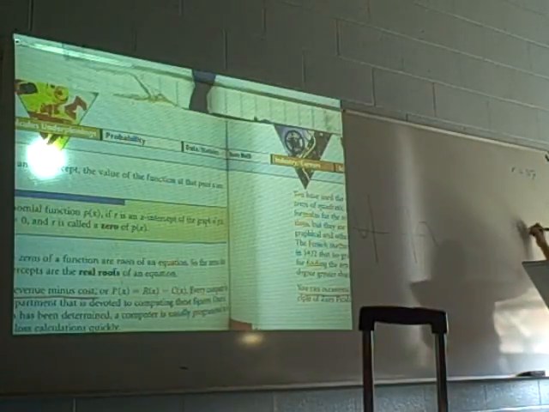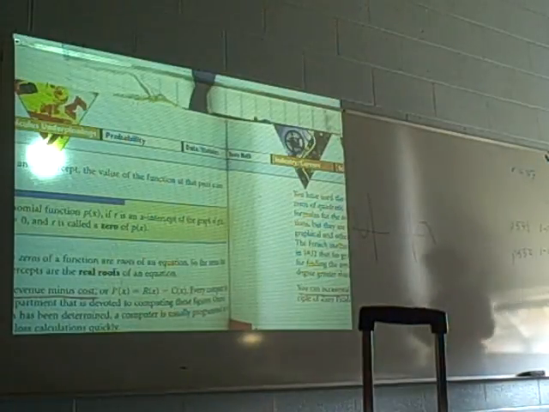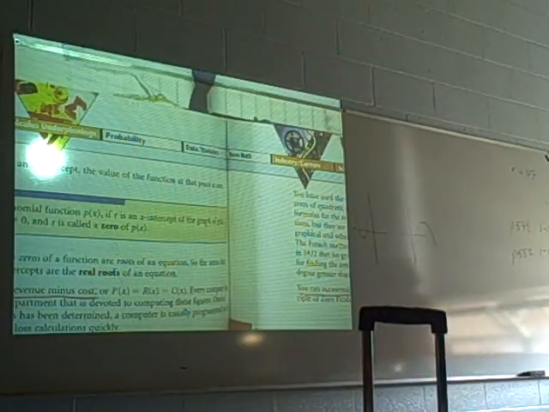Page 548, sorry. And that would be 1 through 12. And page 552, 1 through 11. It looks like a lot, but a lot of it is just looking at a graph and identifying something. Okay?